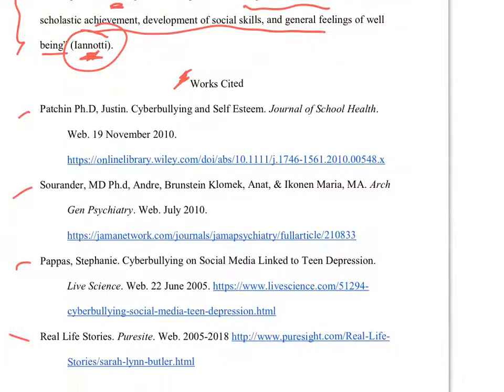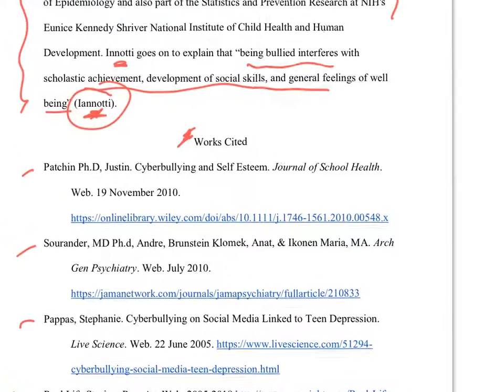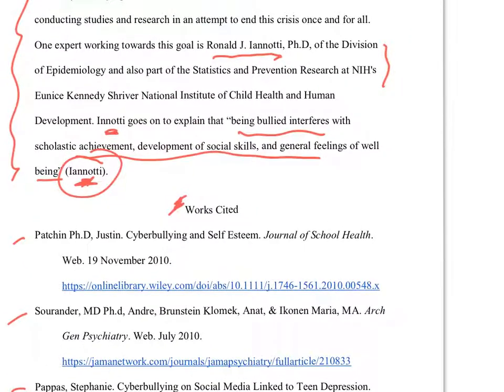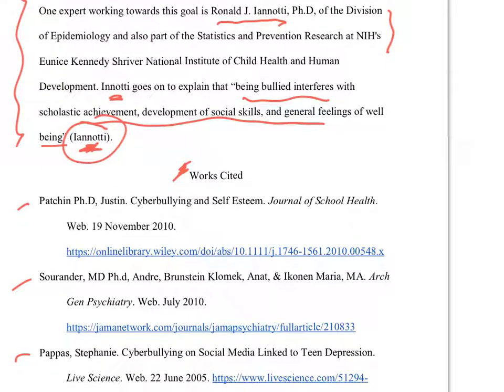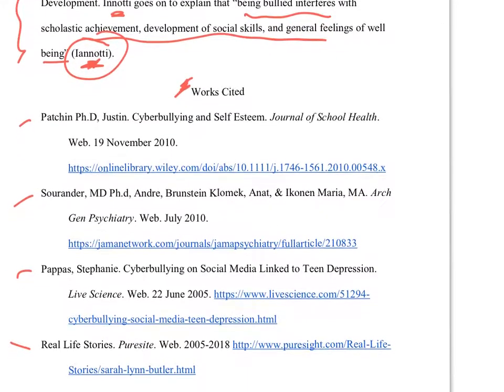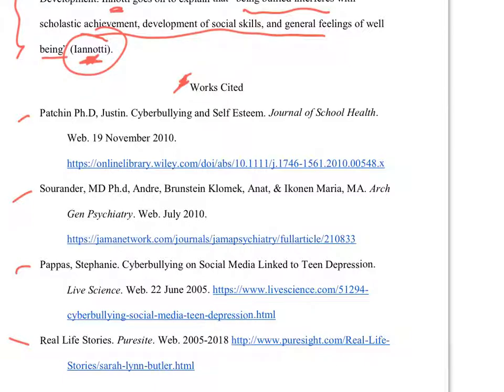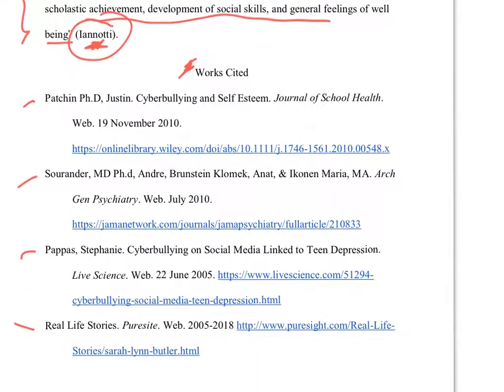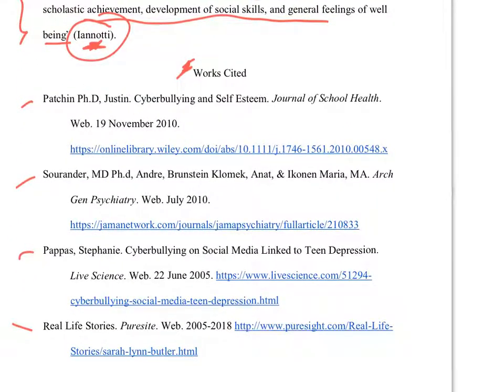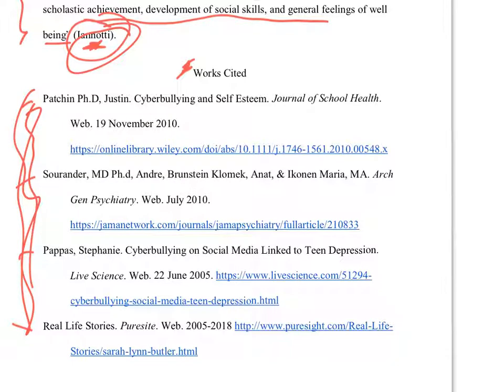You're telling us who is responsible for the quote, so that's not problematic. But for a research paper, you really need to provide more information. You need to provide the specific source that the reader can find it in, and that is essentially impossible because we don't have it listed here. So this needs to match up with something here. If it doesn't, that's problematic. So you need to make sure that they match up.